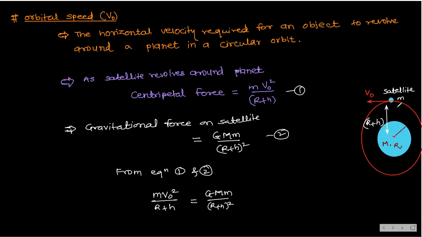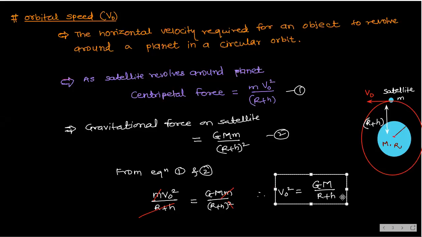This gravitational force is responsible for this planet to revolve with this centripetal force, and that's why these two forces are equal, and therefore m v naught square by R plus h is equal to G M m by R plus h square. So m and this m will get cancelled, this R plus h and this square will get cancelled. Yes? Any doubt? And therefore we are getting v naught square is equal to G M divided by R plus h. Any doubt, please ask.